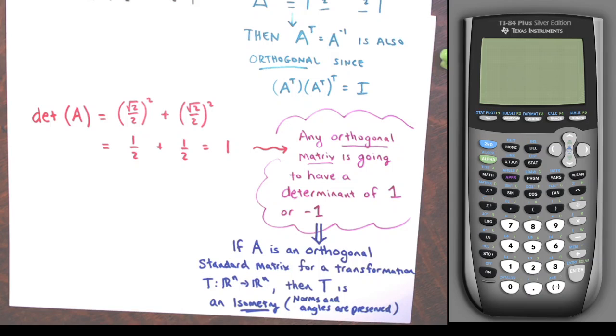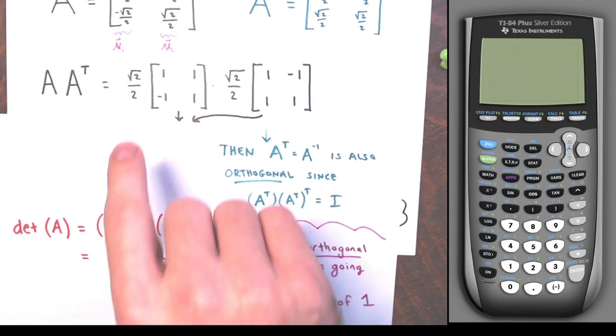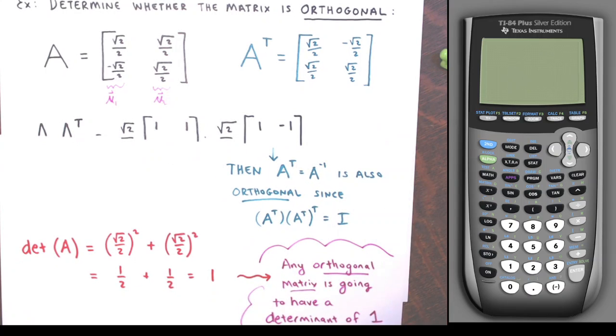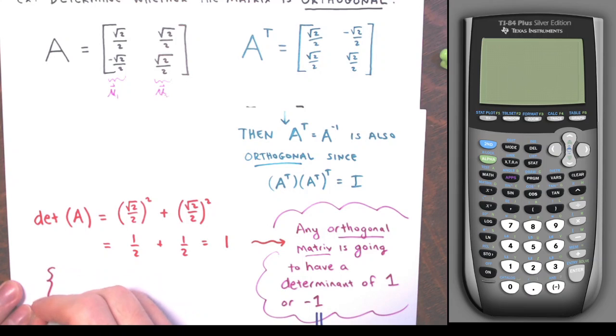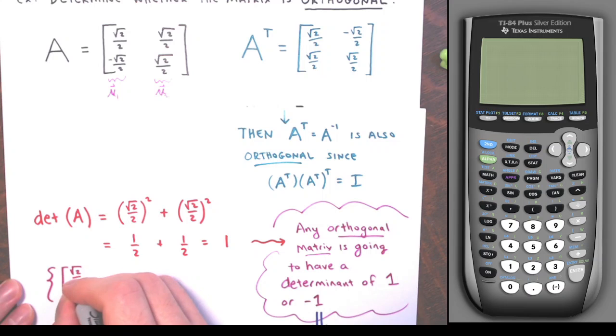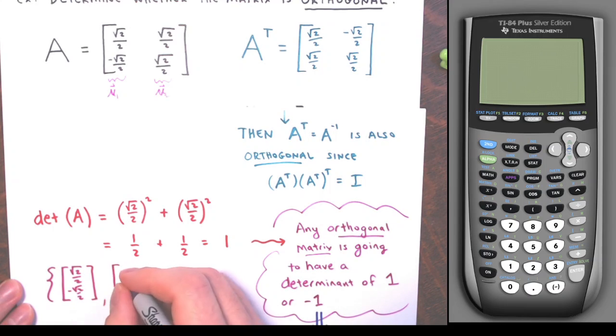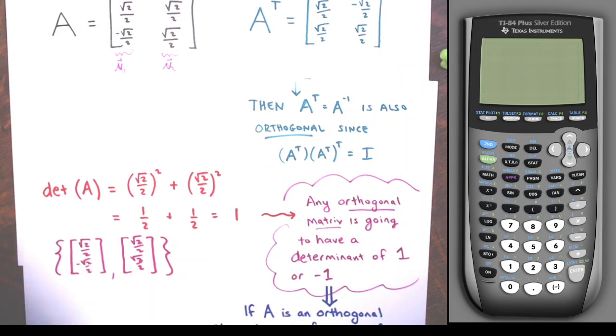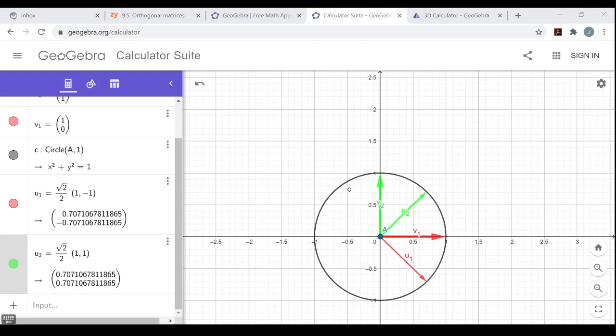And now let's take a look too at these columns. The set with u1 and u2, the first column vector, square root of 2 over 2, negative square root of 2 over 2, and the second column vector, square root of 2 over 2 and square root of 2 over 2. You noticed how, back in my picture, those were these two vectors here.